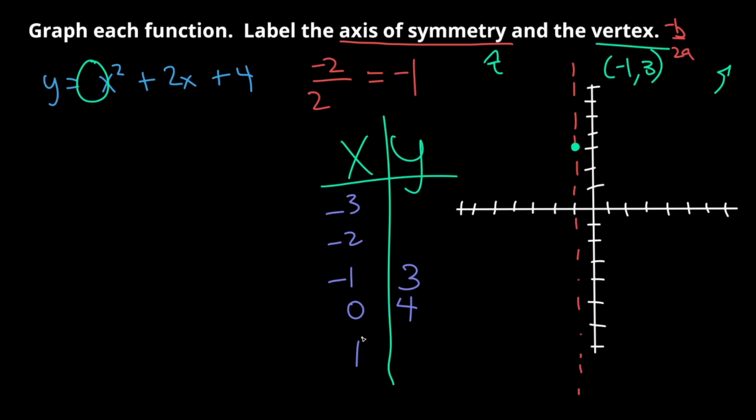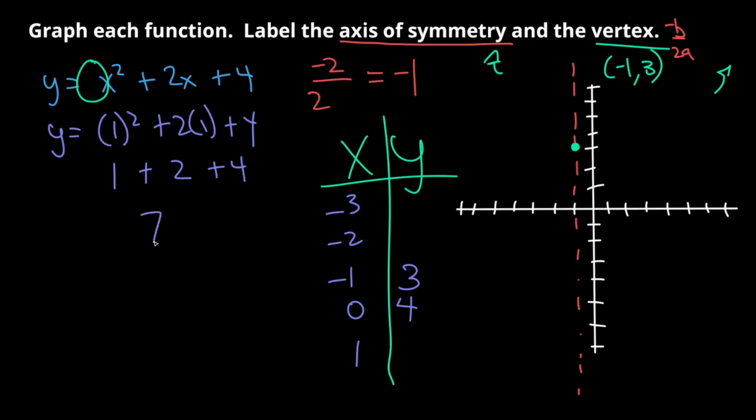Next, let's plug in positive 1. So we have y equals 1 squared plus 2 times 1 plus 4. Simplify. 1 squared is 1. 2 times 1 is 2. And 4. So we can add this up together. We have 1 and 2 is 3. 3 plus 4 is 7. We get 7 here.